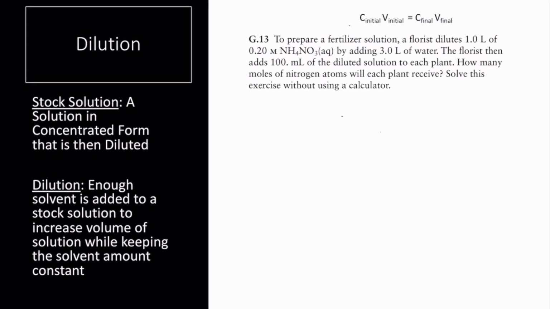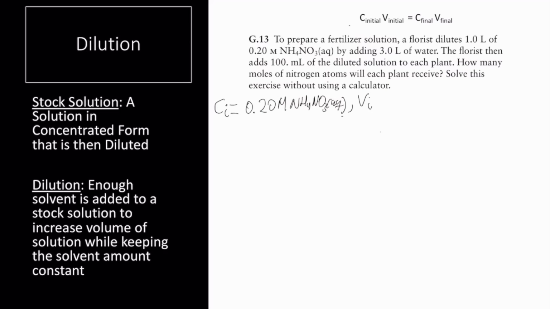This example says, to prepare a fertilizer solution, a florist dilutes 1 liter of 0.20 molar ammonium nitrate aqueous solution by adding 3 liters of water. So this first sentence has the following information. The initial concentration of the stock solution is 0.20 molar of ammonium nitrate.